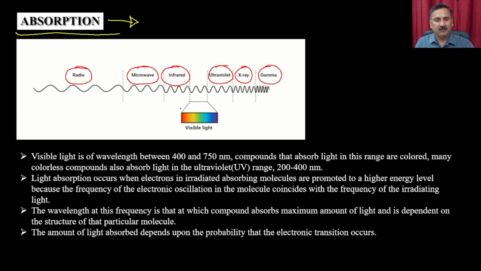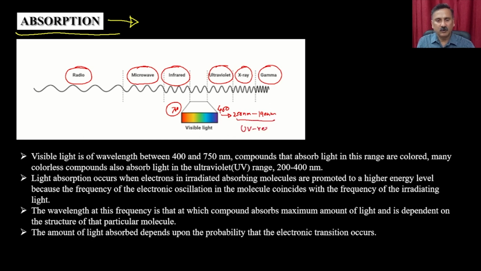And this is the region which is called visible light, which starts from around 400 nanometers to 700 nanometers, right? That is called UV visible spectroscopy. Next to 400 nanometers, it goes down to 250 nanometers, or sometimes 190 nanometers, and that is called the UV region.